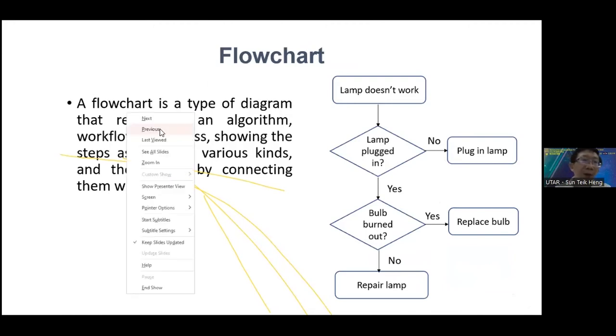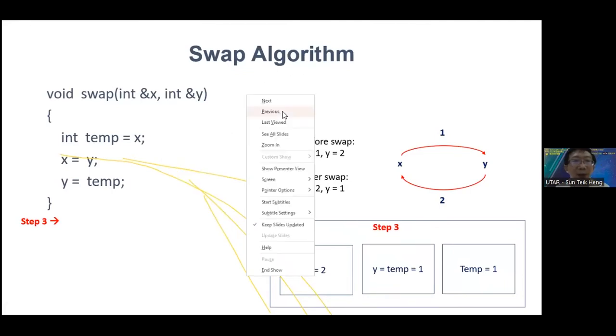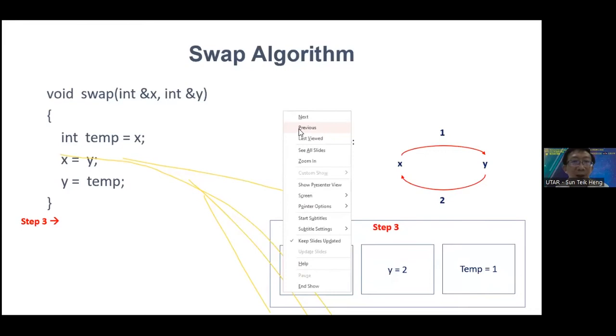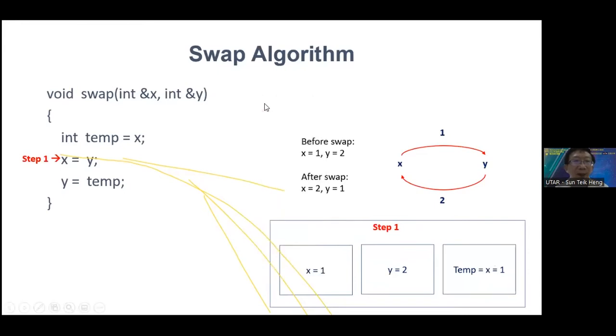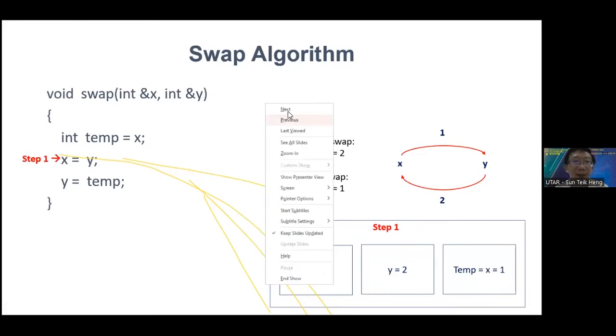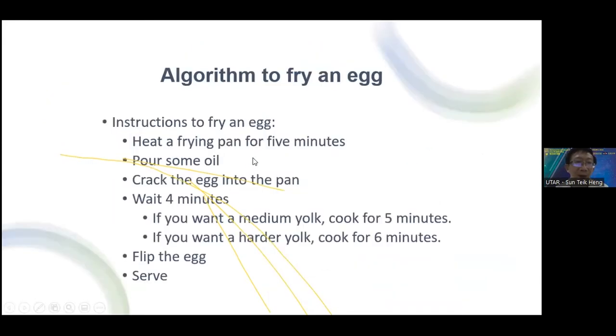Now if you are writing the algorithm, the algorithm is still a bit difficult to understand because it basically involves wordings. Let me go back to the algorithm. You see, it's all wordings, right?